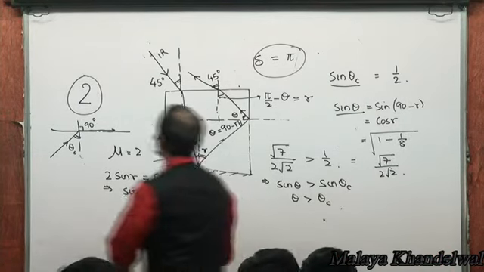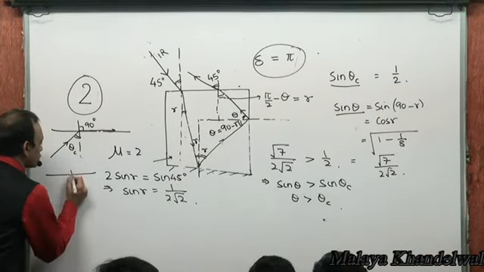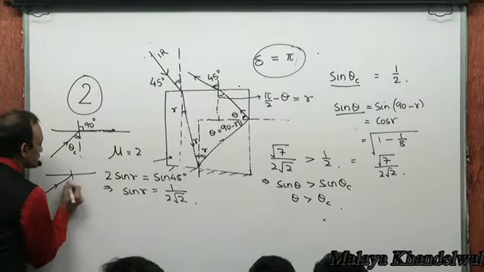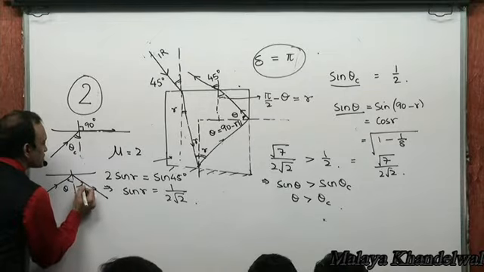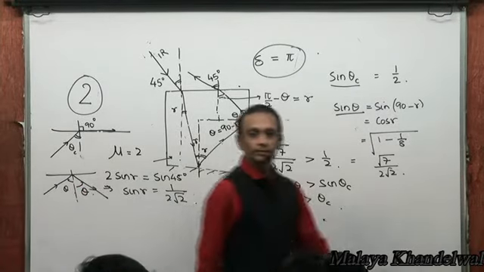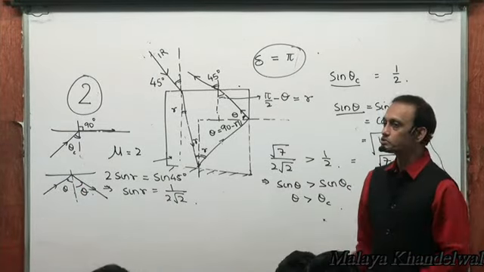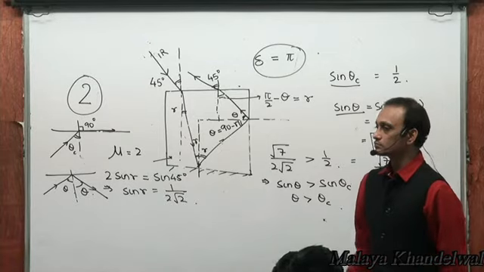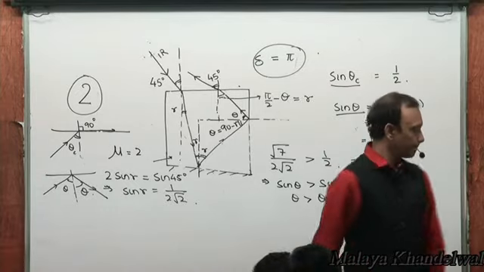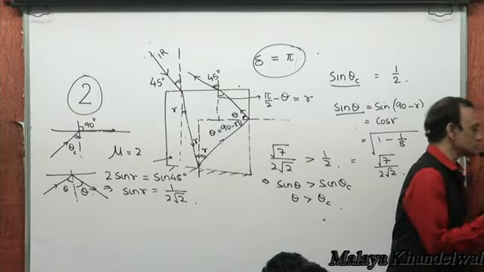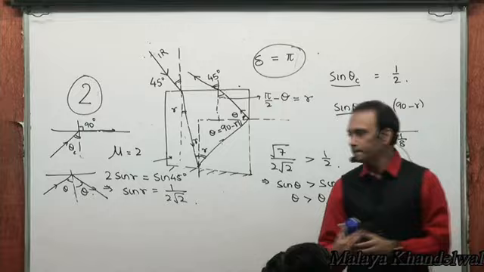If this angle is slightly more than theta c, say if this is theta, which is slightly more than theta c, then there is going to be this theta and this theta. Yes or no, right? Let's proceed to the next. So far so good, right?